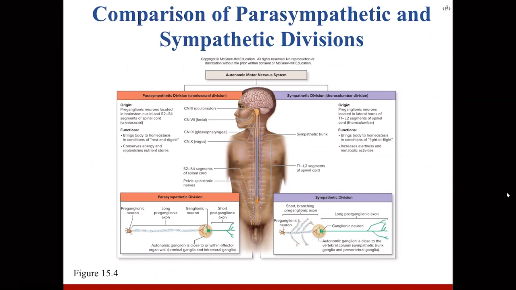So if we are doing parasympathetic, it has a long preganglionic axon, and then a short one that goes straight to the effector, and then it causes the change to occur. With sympathetic, the preganglionic one is short, so it doesn't go very far, and then the information can spread. The information can go up and down the sympathetic trunk. It can go out.